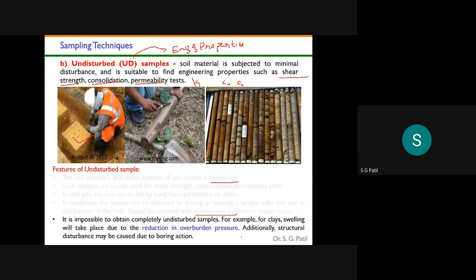Due to that process also, a little bit of disturbance will be caused to the soil samples. So whatever claim you make by writing undisturbed samples, it is not actually 100% undisturbed, but to some extent it is called an undisturbed sample, because in nature a little bit of disturbance will always happen while collecting the soil samples.